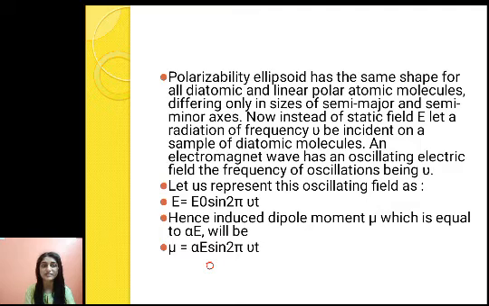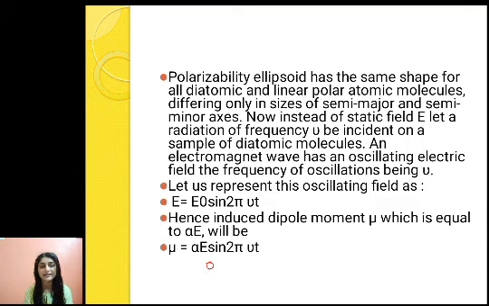Up till now, what we were applying was a static electric field. Now instead of a static electric field, suppose we apply an oscillating electric field, then let us see what happens. Let a radiation of frequency nu be incident on a sample of diatomic molecules.